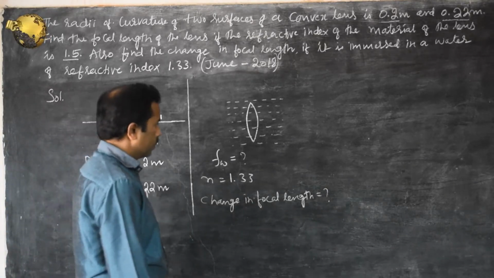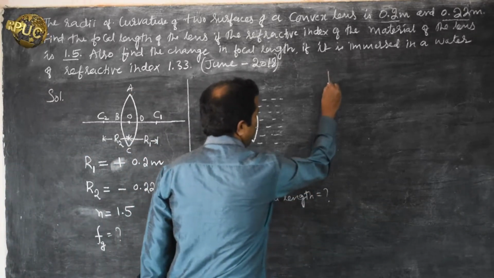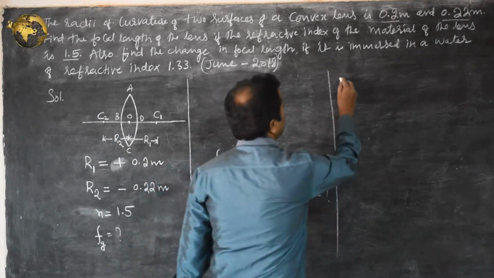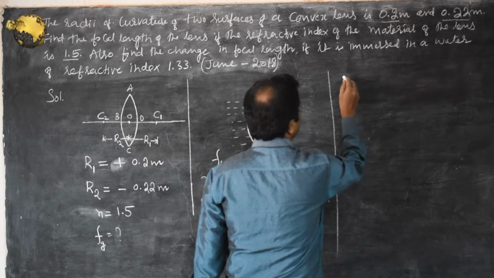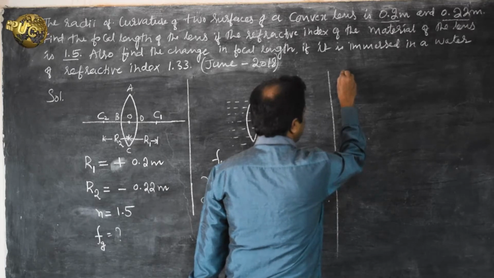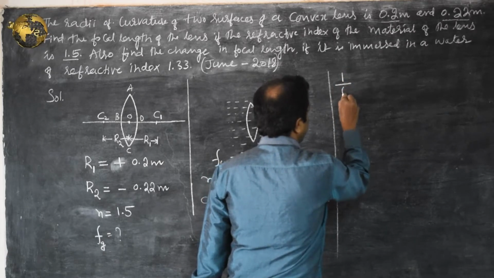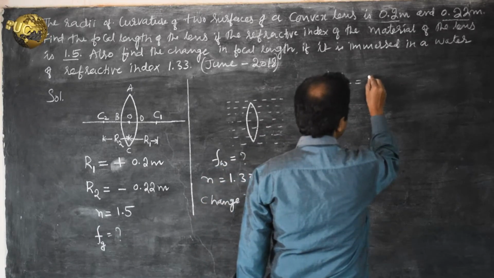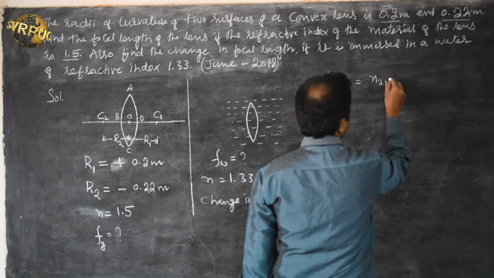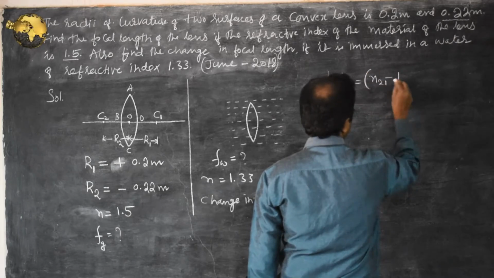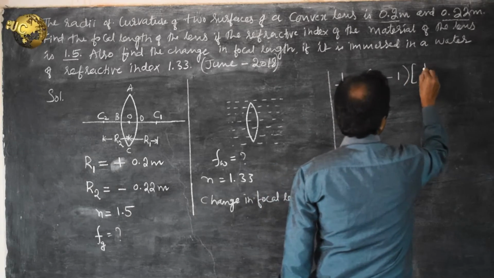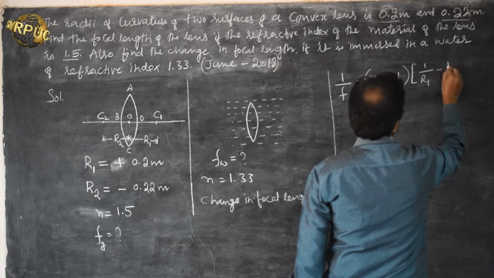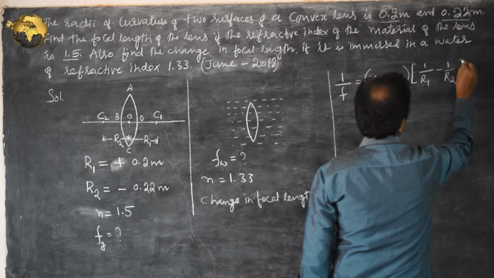So now let us go through the formula. 1 by F is equal to (n21 minus 1) into (1 by R1 minus 1 by R2).